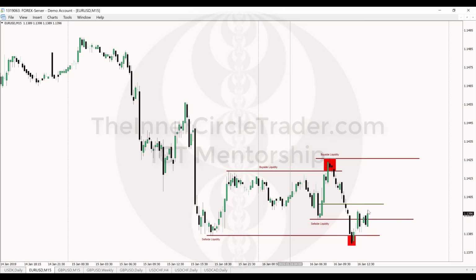Okay, so if price trades back through this, I'll be looking for this candle right here.